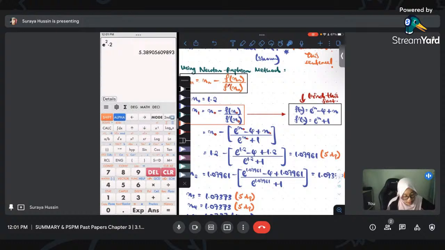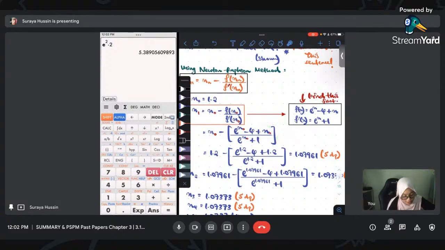So saya minta semua student saya make sure pandai differentiate, pandai integrate. Itu adalah kewajipan kamu untuk berada di kelas saya. Yeah, I'm that strict. All of the basic knowledge kamu wajib ada untuk berada di kelas saya. That is how privileged you are. Okay? So now all of you must know how to differentiate. After you know that, you pandai masuk ke dalam Newton-Raphson punya formula.